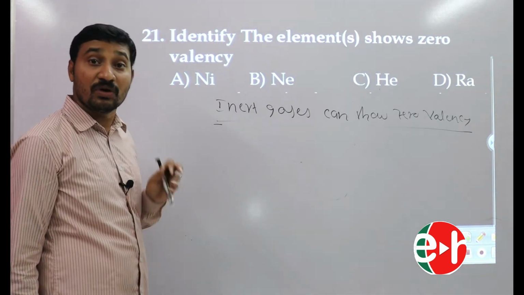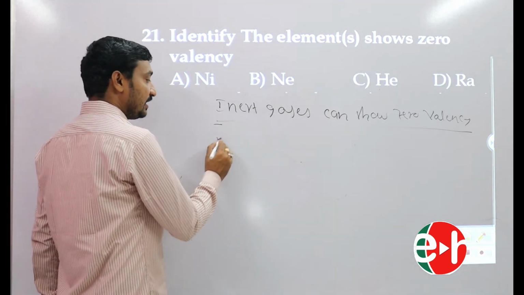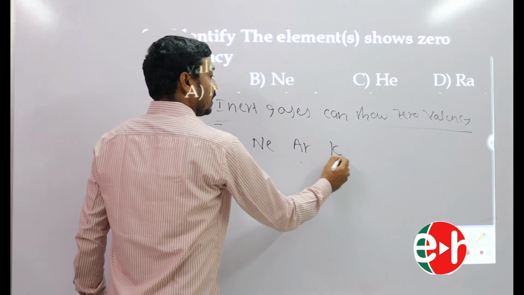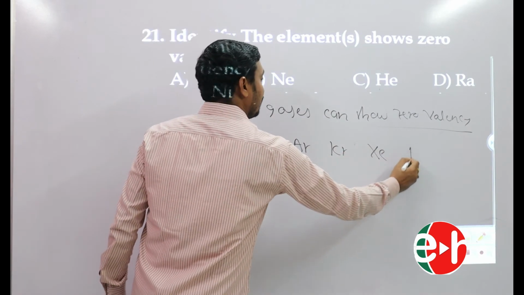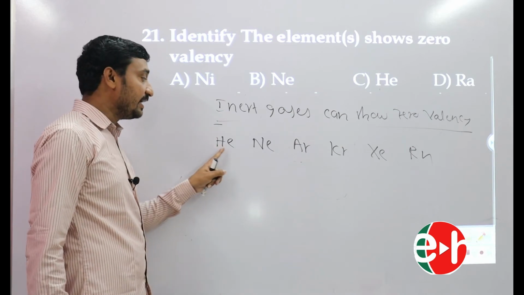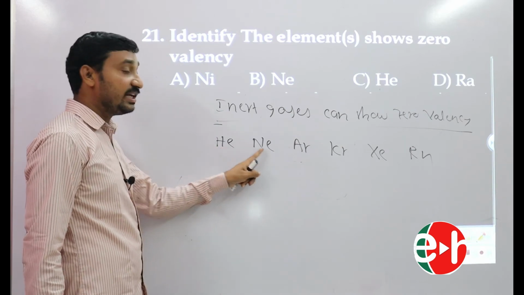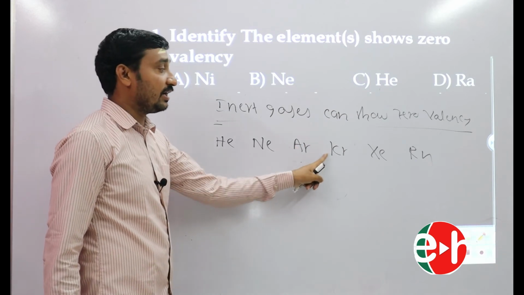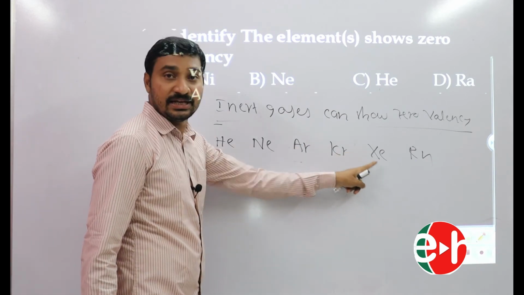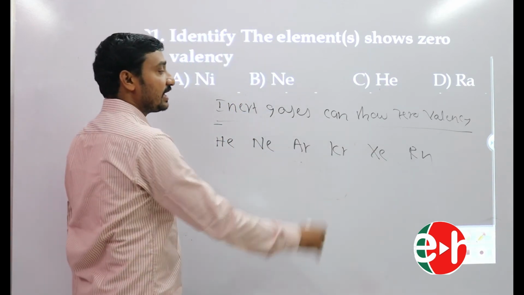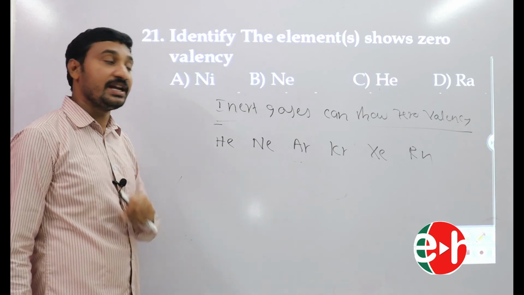What are the inert gases? Helium, He, neon, Ne, argon, Ar, krypton, Kr, xenon, Xe, radon, Rn, these are the inert gases. They can show zero valency.